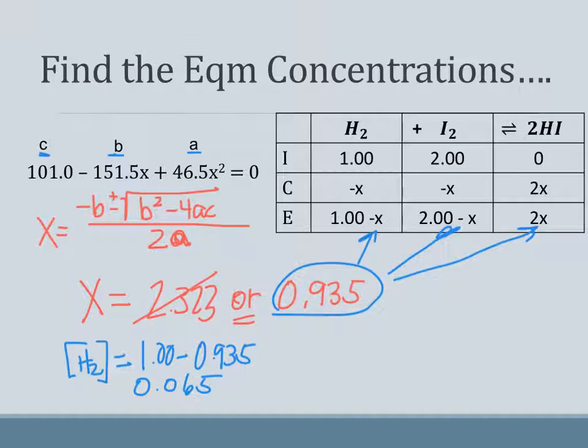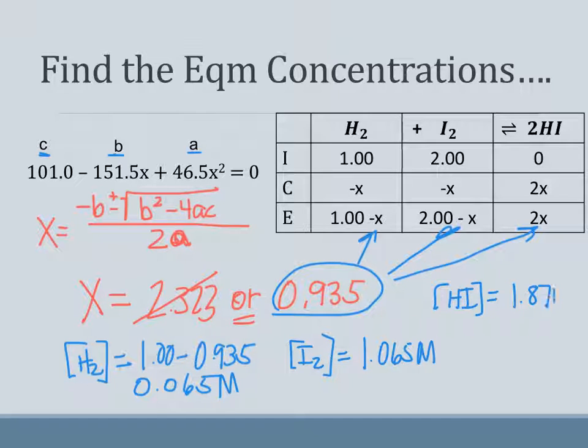When we plug our 0.935 into the I value, our concentration of I2 would get 1.065 molar. This is molar also. And our concentration of HI would get a value of 1.87 molar. So that's how you do the problem the long way. There is a shorter way. Like I said, there's the assumption, and I'll talk about that next.